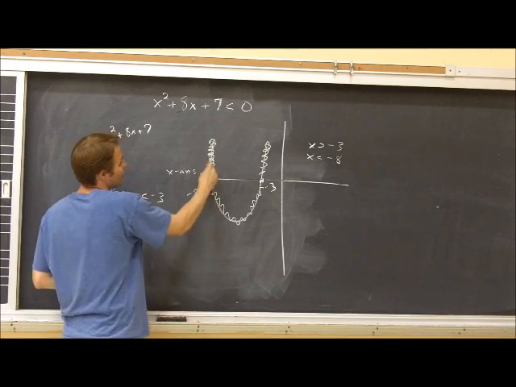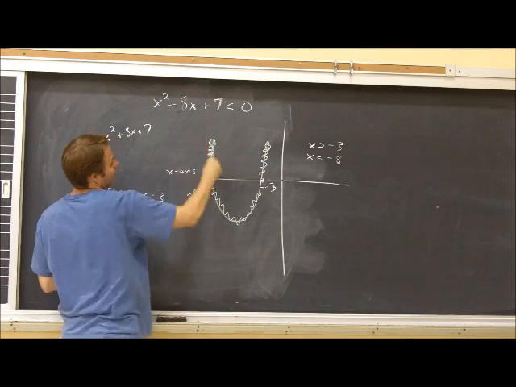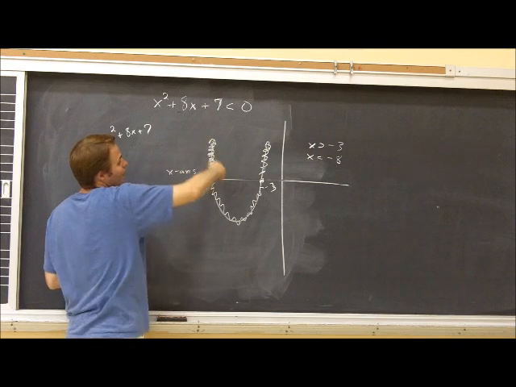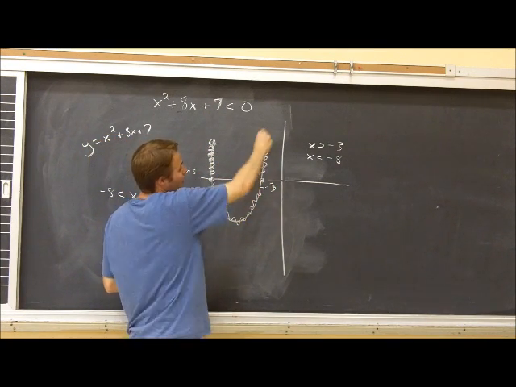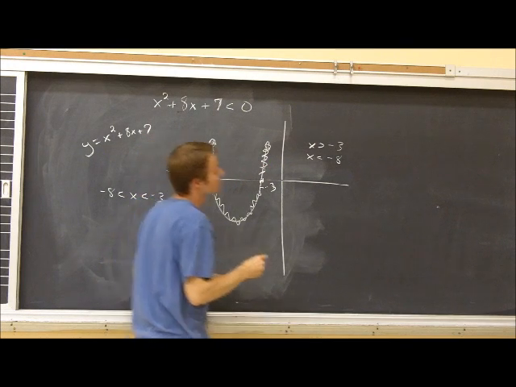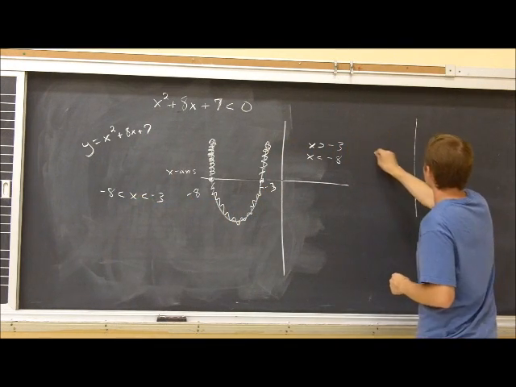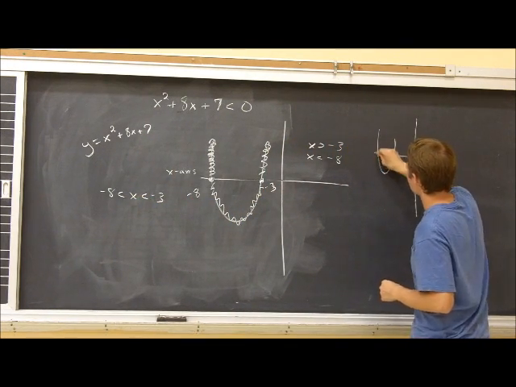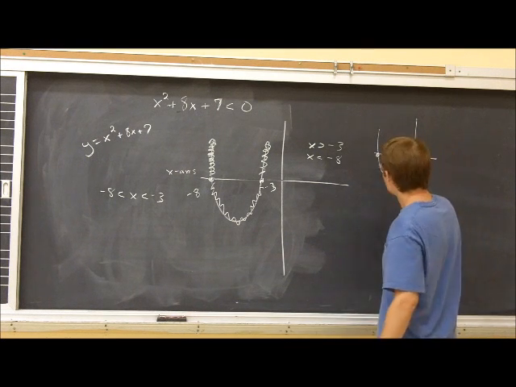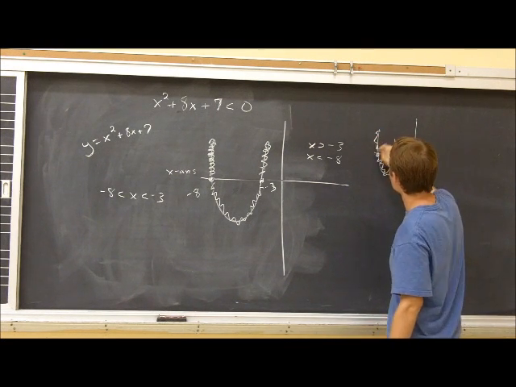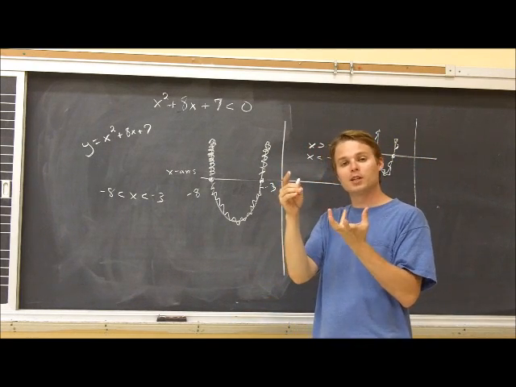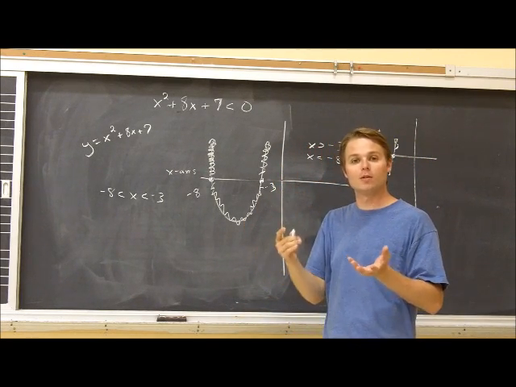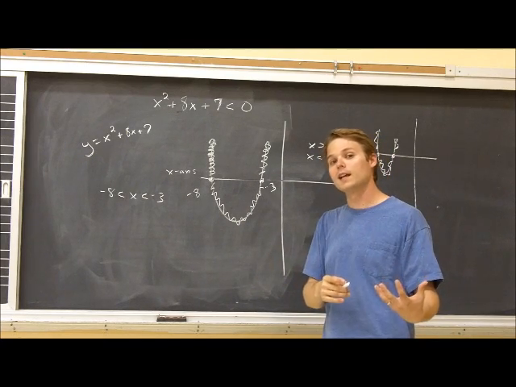And then any y value on the interval less than -8, they're all positive. And any y value greater than -3, they're all positive. So if you can figure out where the points are equal to 0, then you can just test all of the intervals around those two points, and everything in a particular interval should all be the same. It should either all be positive or all be negative.